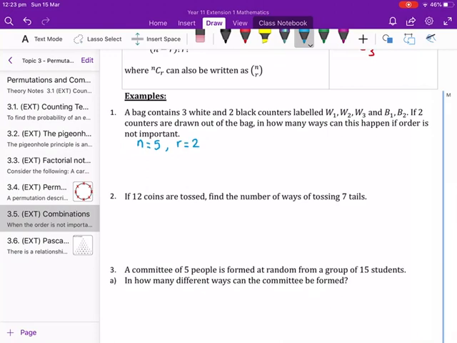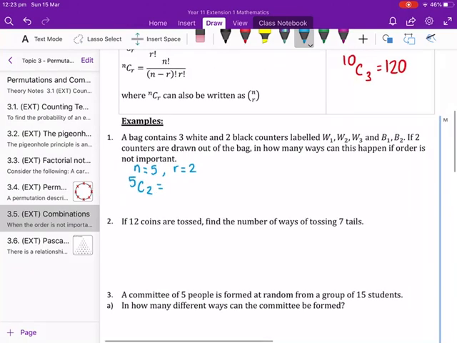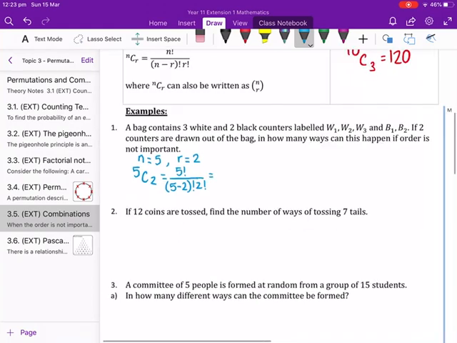So because of this, using our combination notation, we write 5C2, which is the same as 5 factorial over (5 minus 2) factorial times 2 factorial. So this is the same as 5 factorial over 3 factorial times 2 factorial.